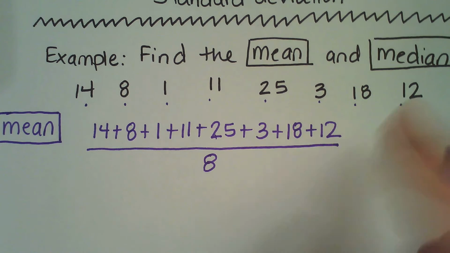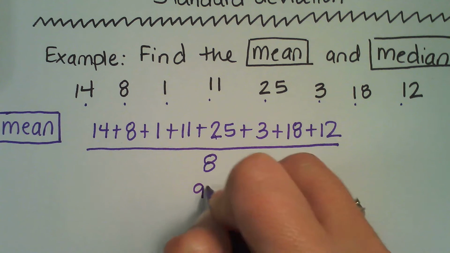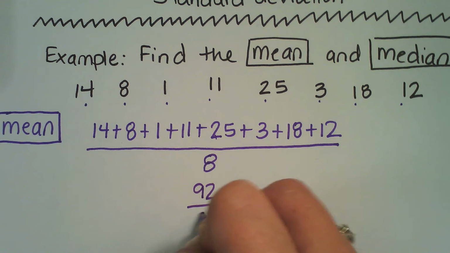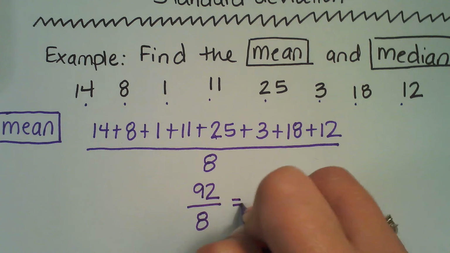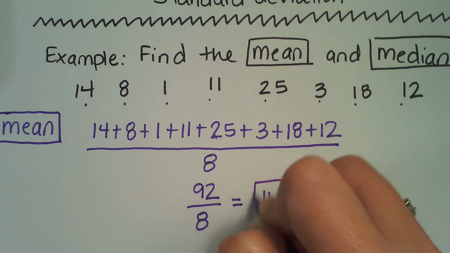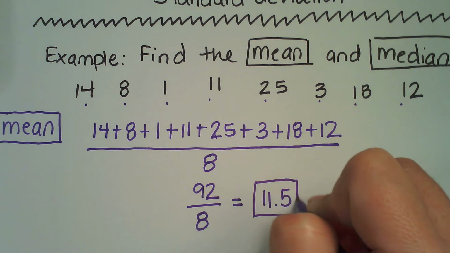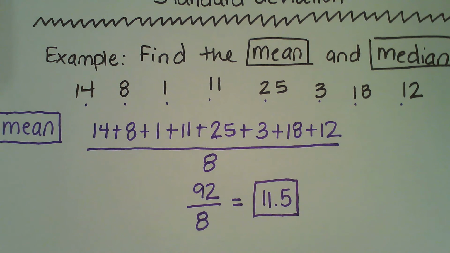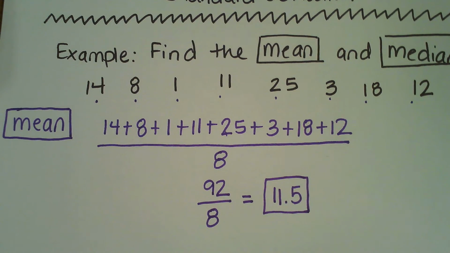When I add all of these numbers up, I get 92. And when I divide 92 by 8, I get 11.5 for the mean. Easy peasy.